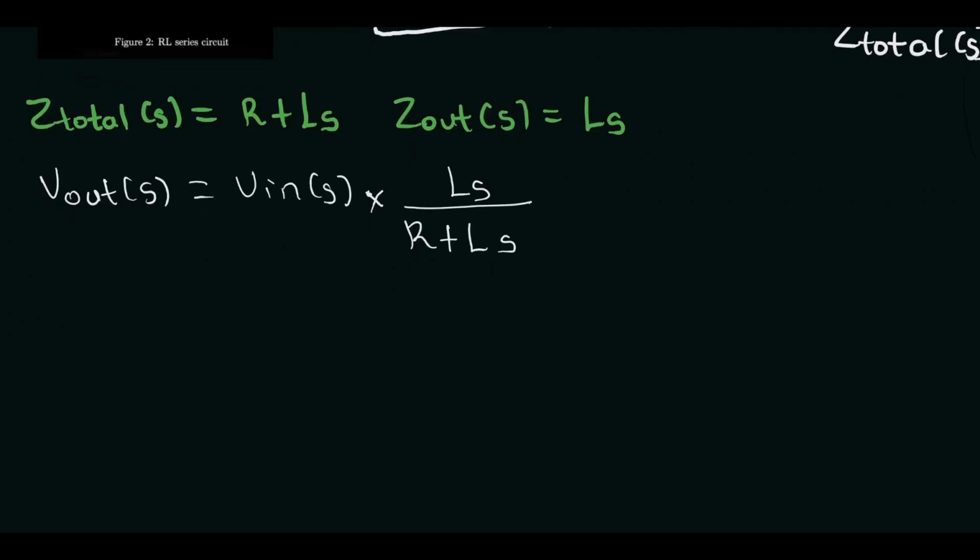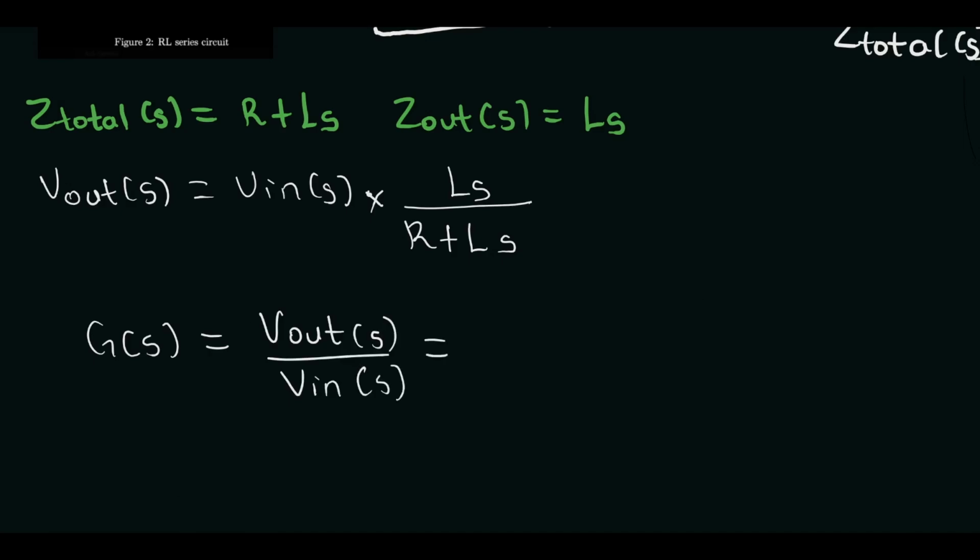And we know our transfer function G of S will be equals to V out over V in. That will now give us LS over R plus LS. So consider voltage divider. Using voltage divider is very easy.